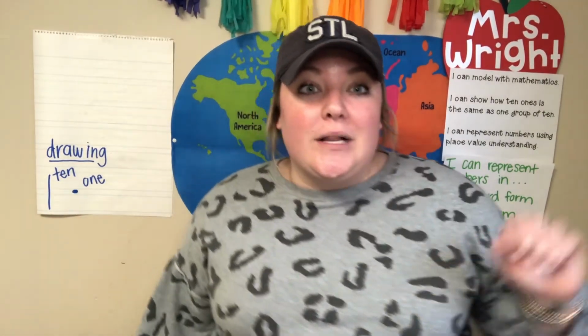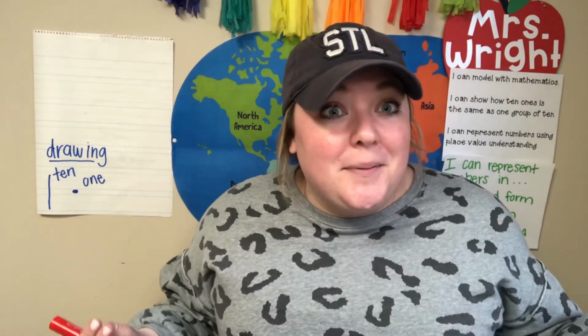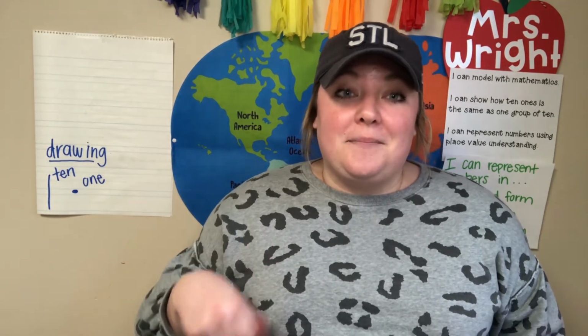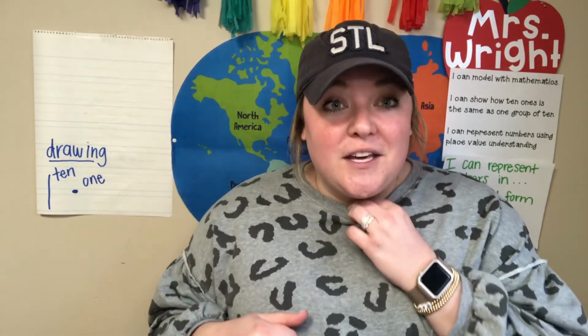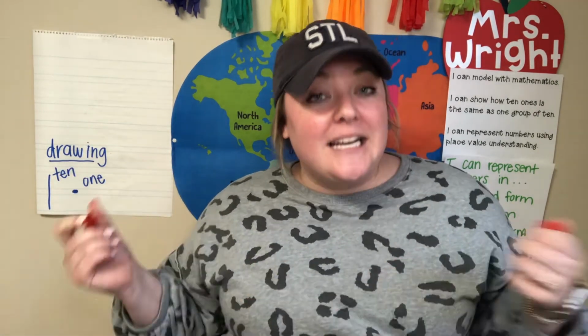All right, so let's also review. If you don't have base 10 blocks at home, which you probably don't, run and grab something to write on and something to write with so that you can follow along with me today. Here is how you can represent numbers in place value by drawing at home.